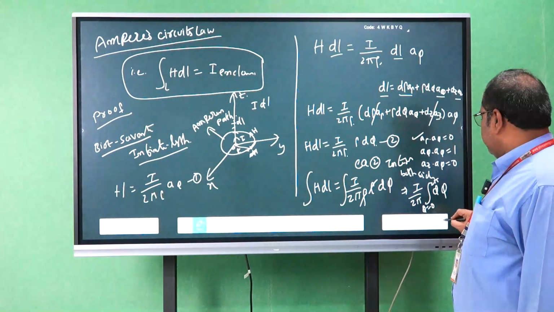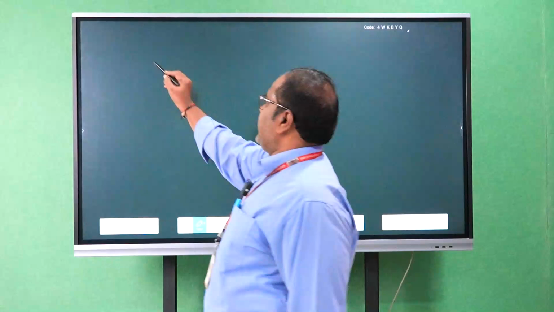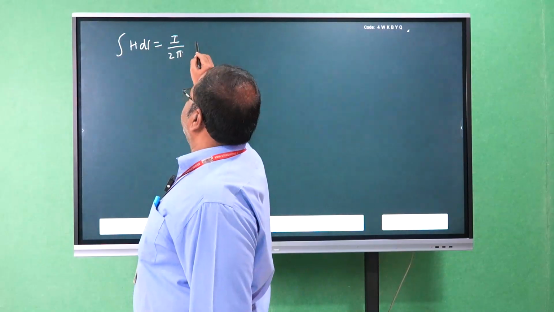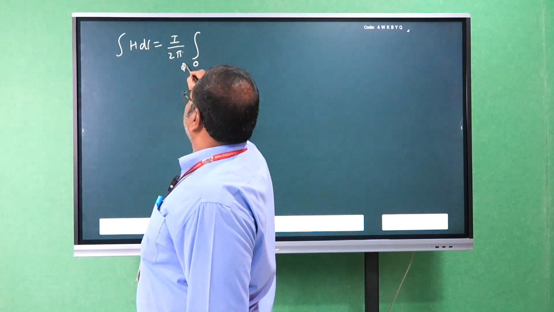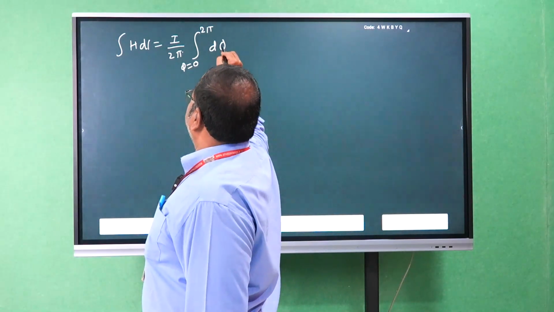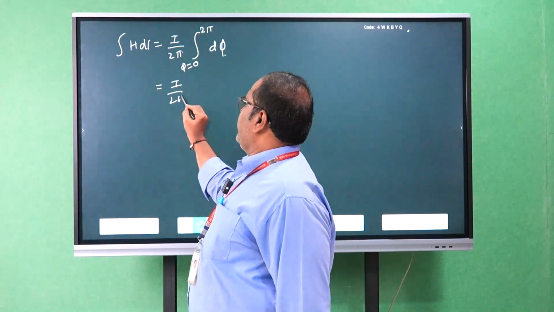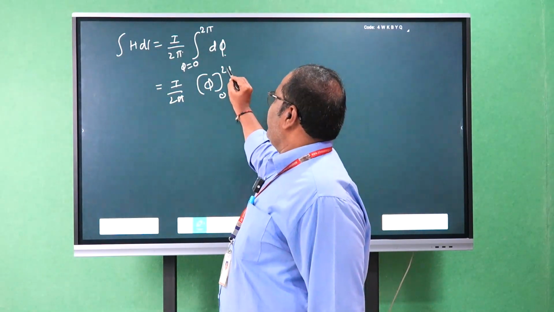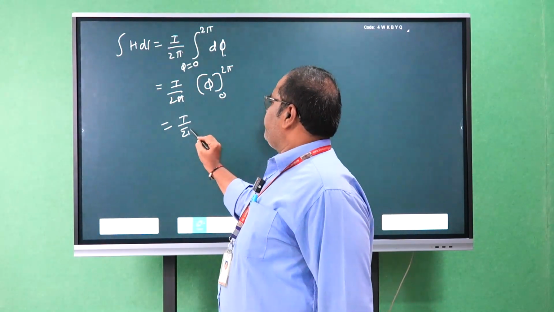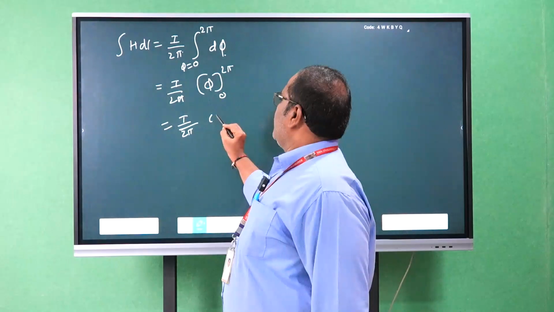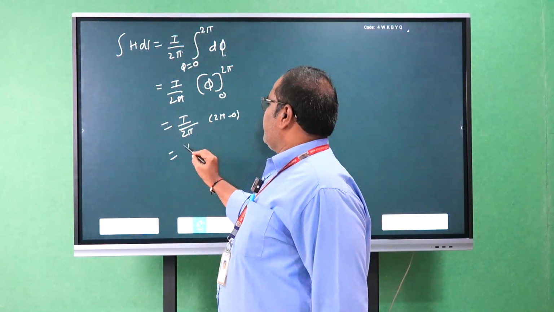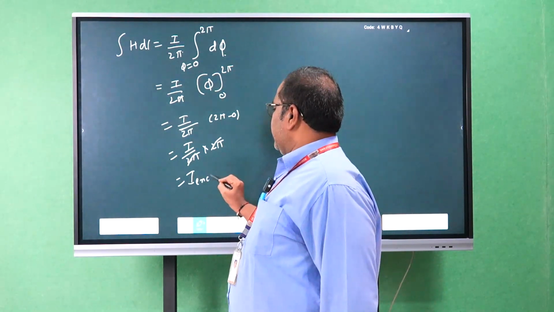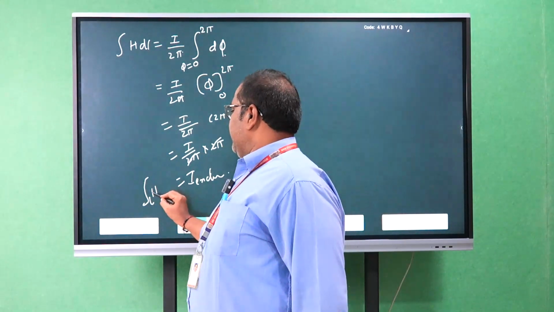Therefore, the integral of H dot dl is equal to I by 2 pi times the integral of d phi from 0 to 2 pi, which is I by 2 pi times phi over the limits 0 to 2 pi, that is, I by 2 pi into 2 pi minus 0. Therefore, it cancels, and this is nothing but the current enclosed by the line integral of H dot dl.